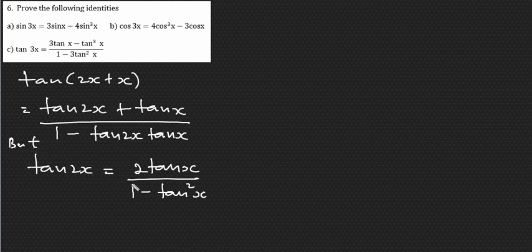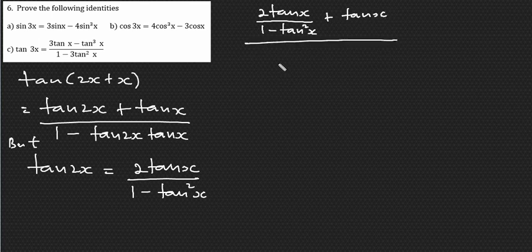So we shall get 2 tan x over 1 minus tan squared x, then plus tan x, divided by 1 minus, then this is going to be 2 tan x times tan x, which is 2 tan squared x over 1 minus tan squared x.